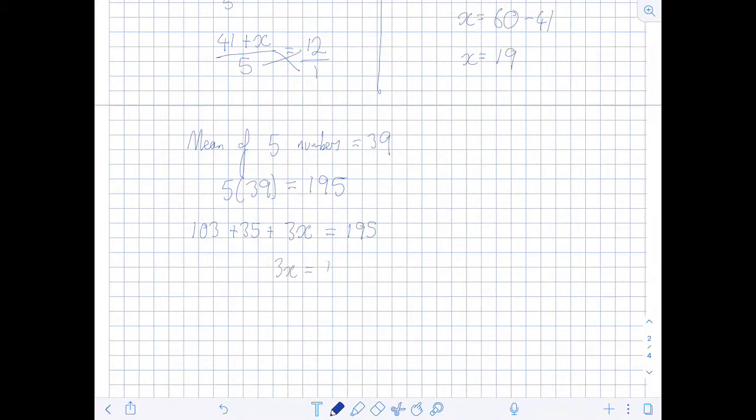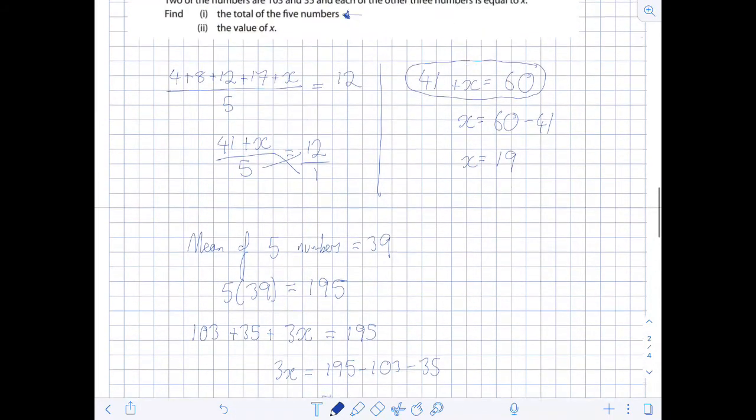So 3x is equal to 195 minus 103 minus 35, which is equal to 57. And is 57 divided by 3... I think it is. 57 divided by 3 is equal to 19. So x is equal to 19.